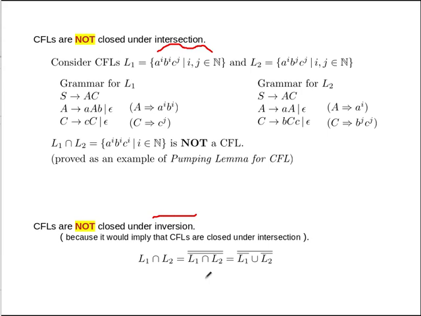But since we have proved that CFLs are not closed under intersection, and we have proved that it is closed under union, then it cannot be closed under inversion. So you see, because of this relation, right? If you see the intersection of L1 and L2, so suppose L1 and L2 are CFLs, right?